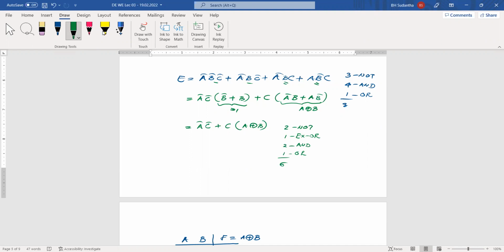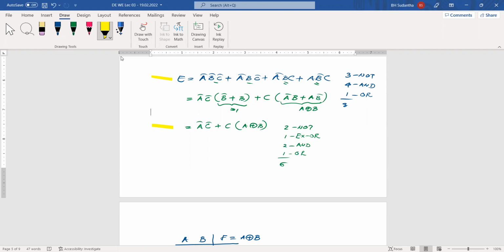But what do you think about these 2 equations, this one and this one? Are they giving the same functionality? Have we done anything wrong here? No, according to the laws and theorems, we haven't done anything wrong. Using all these things, we rearranged our equation. Then we finally found this one as the answer.